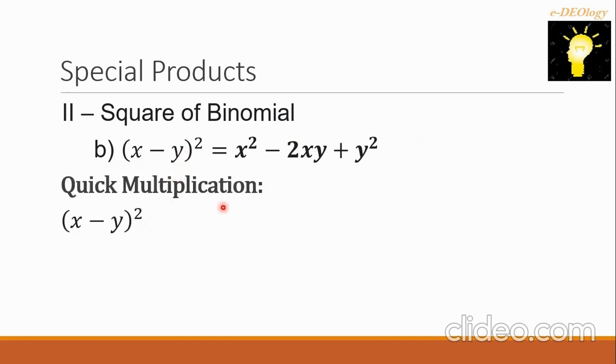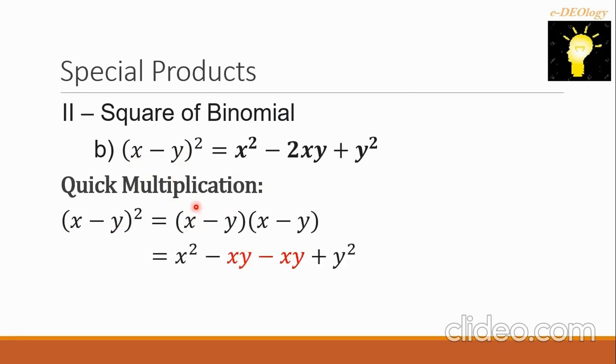So let us have a quick multiplication to verify our product here. The x minus y all raised to 2, we can show that this is x minus y times x minus y. Then we will do the long method of multiplication. We distribute one term to the other terms. So you see here x times x will give us x squared. X times negative y is negative xy.